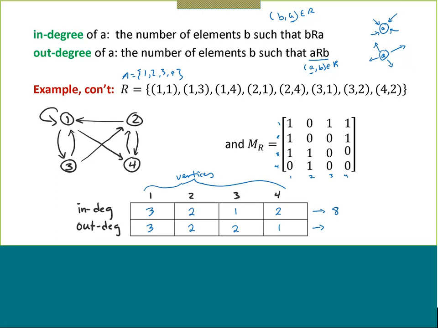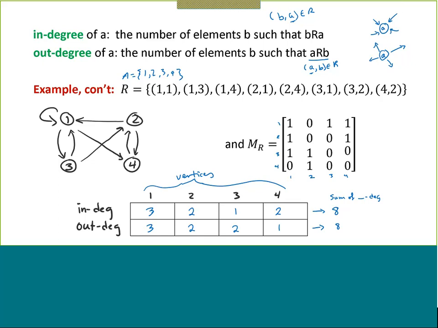Anybody calculate the sum of all the out degrees? What number is that sum? Also 8, yep. It turns out your sums of your in degrees and your sums of your out degrees will always be exactly the same. Anybody have a guess why those 2 sums would always have to be the same? Don't overthink it. It actually is really obvious once you get it.